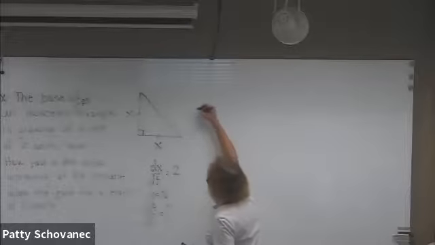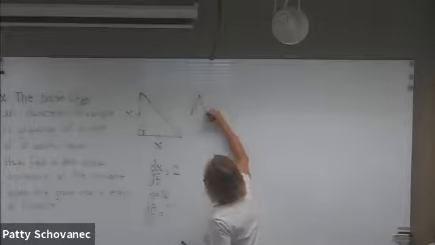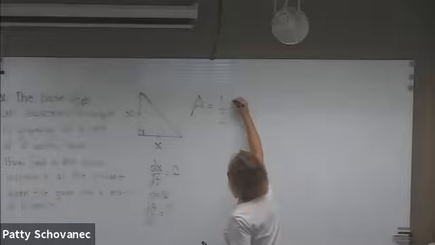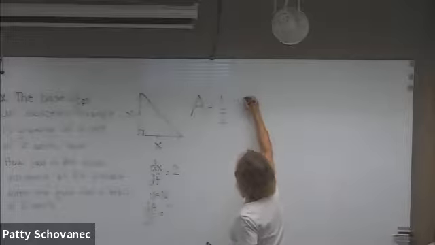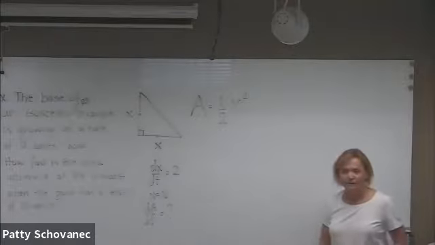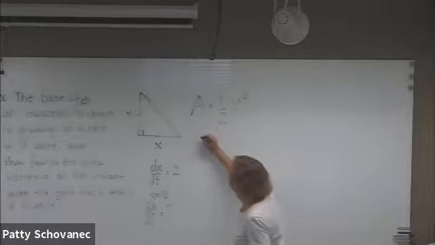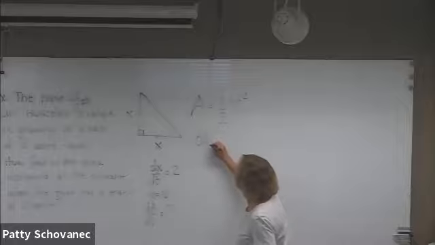So our governing equation over this whole problem is kind of a little simple formula. A is 1/2 base times height, but the base and the height are the same thing. So you start from there and take a derivative. Take the derivative over here and you get dA/dt.